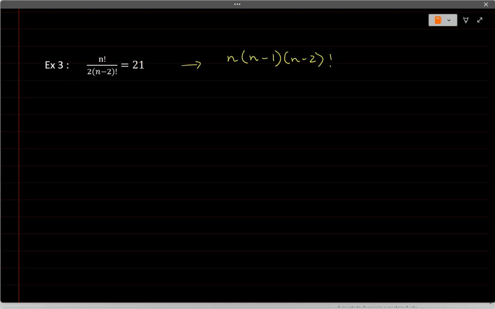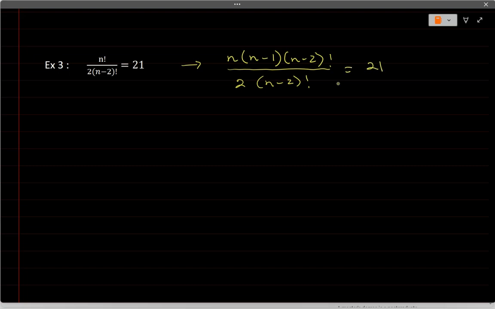I am not going to continue to n minus 3 because there is no utility to that. There is no n minus 3 down in the denominator as a common factor. That's why I stopped at n minus 2 factorial. I mentioned that in the last video as well. So over, and then 2 times n minus 2 factorial, set that equal to 21.